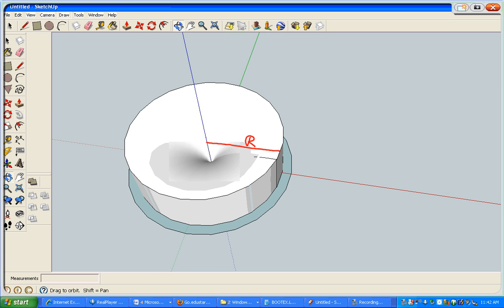So the radius is extending out to there. Now, it's a little bit trickier because this time it's not solid.